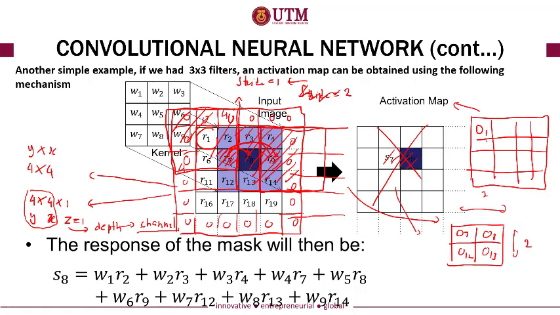At the end, you will get O1, O2, O3, O4, and each and every O up until O19 over here. So at the end, you can see that the activation map size is maintained at 4x4, which is the same size as your input matrix over here.